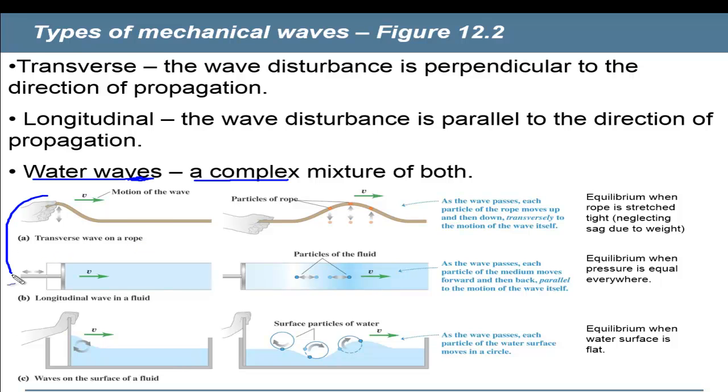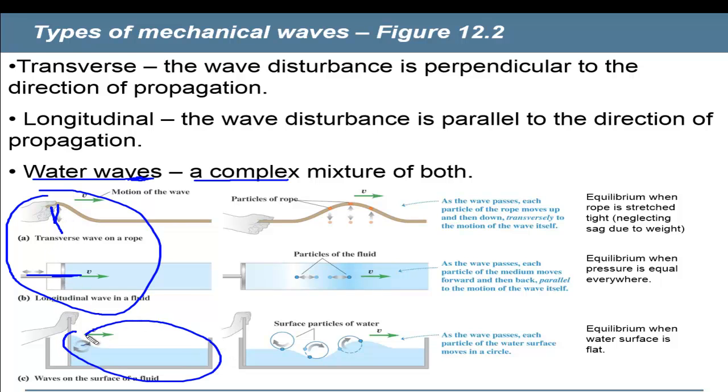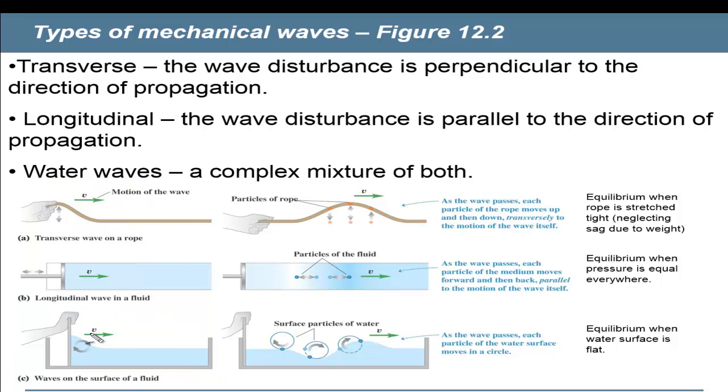So take both of these together, with some perpendicular motion as well as some parallel motion, and we get the water wave that you see in the ocean at the beach. The equilibrium position for a water wave would be when the water surface is flat. So along here, this is still in equilibrium, but here's our disturbance.